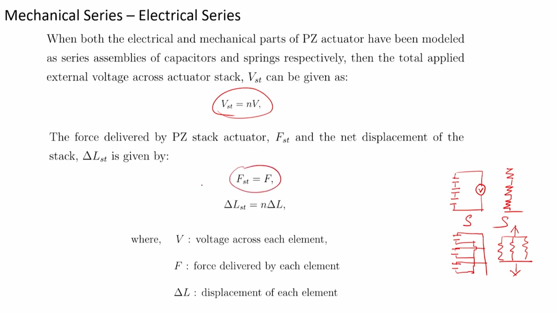FST is the total force that is coming, because the force is passing through the entire system, and we can write it in a way that delta LST is N times the delta L. So, the deflection of each element is delta L, and if there are N such systems, then the total deflection is N times delta L.